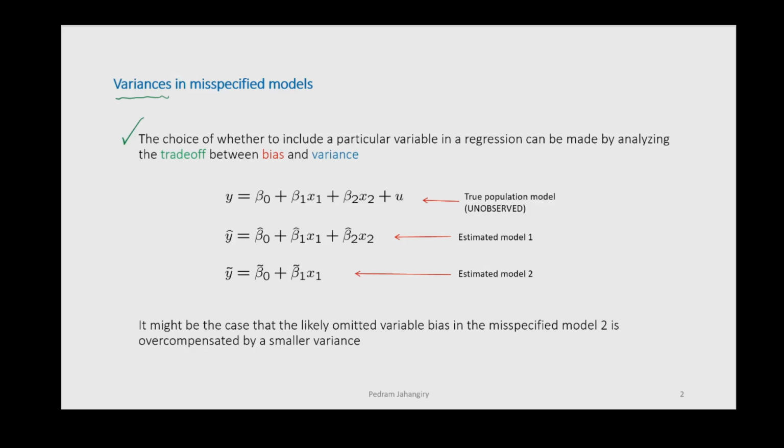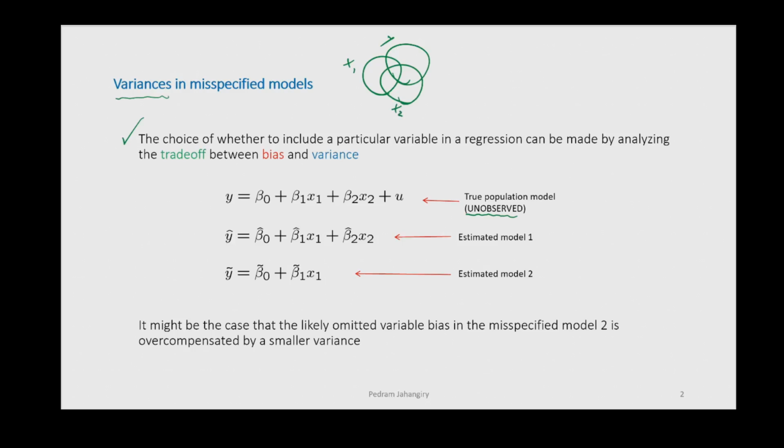Now let me set the scene for you. Again, take it as an exercise, and we're going to do it together in the class. Imagine there is a true population model, which is unobserved out there. There are 3 variables, y, x1, and x2, related with each other.